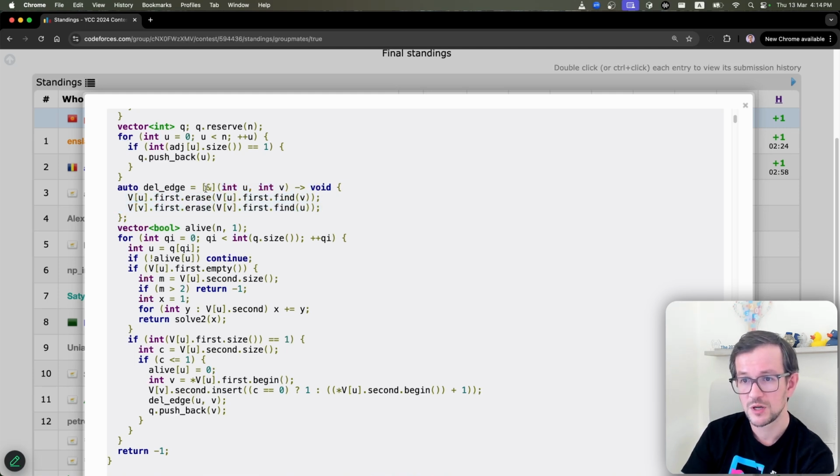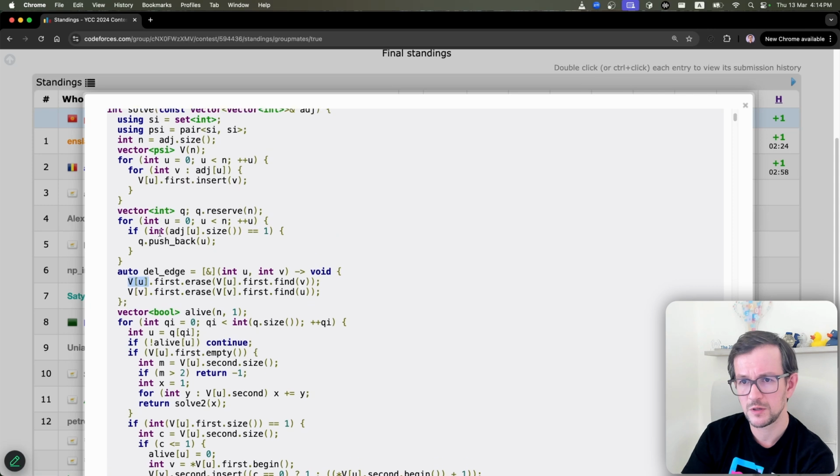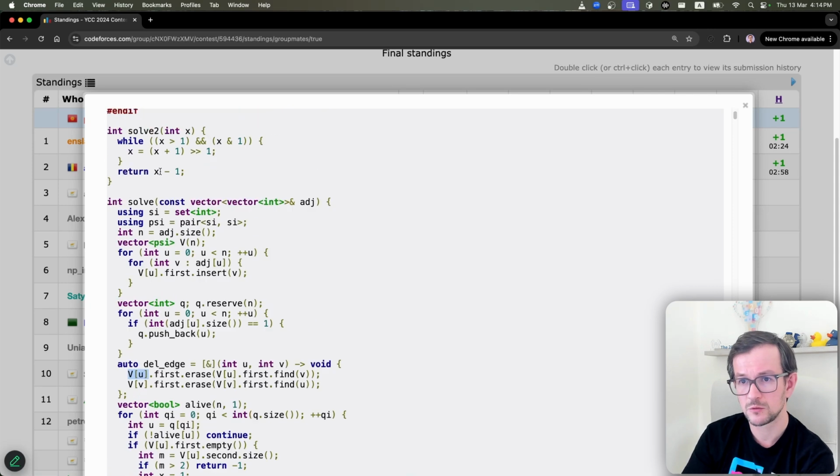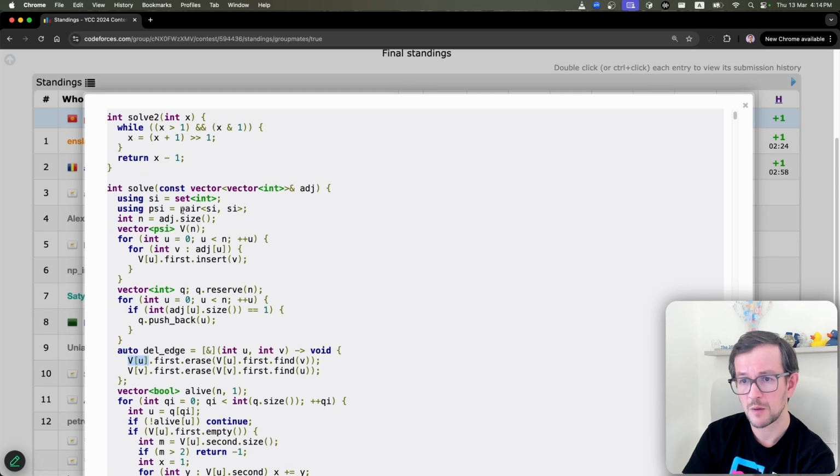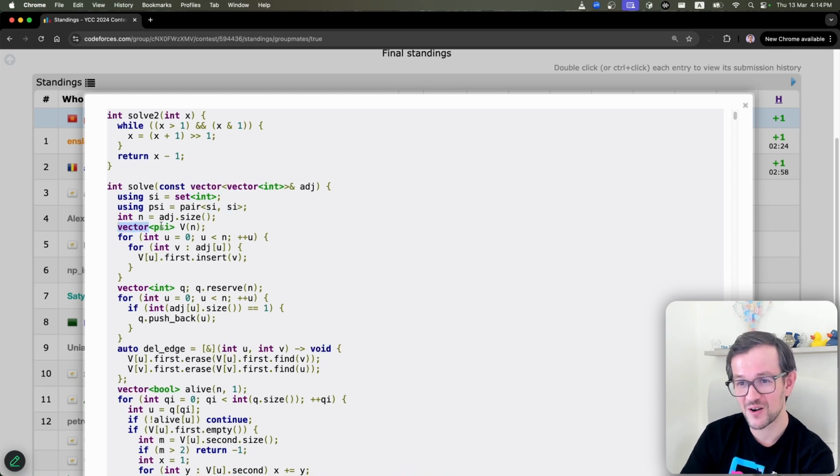So it takes two numbers u and v, take the vector psi. What's psi? Pairs, pair of two sets. Okay. So we have vector of pair of two sets.